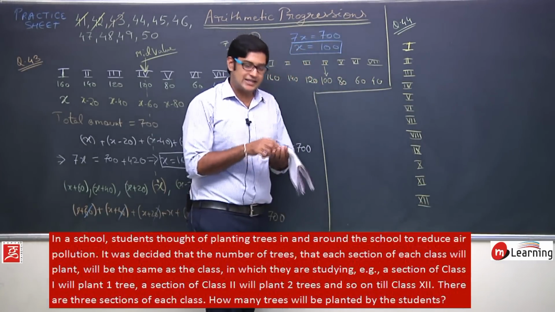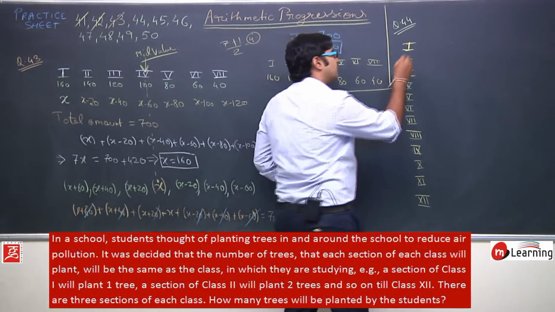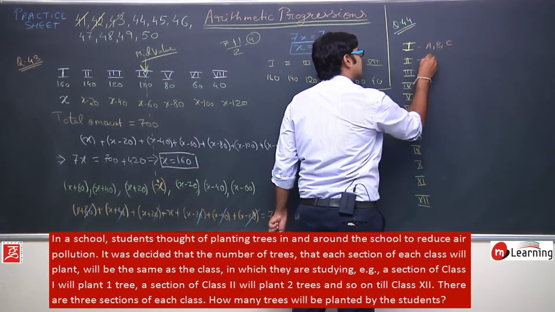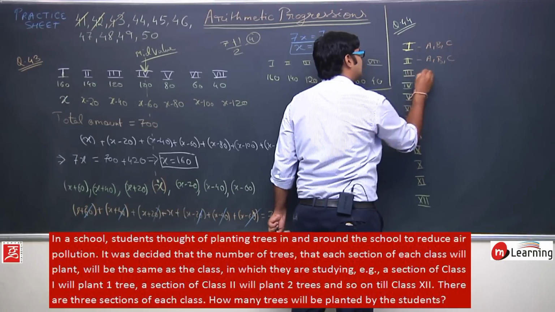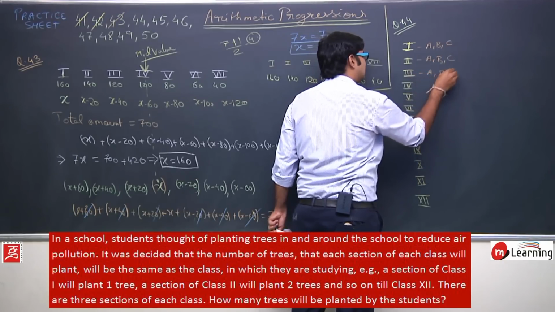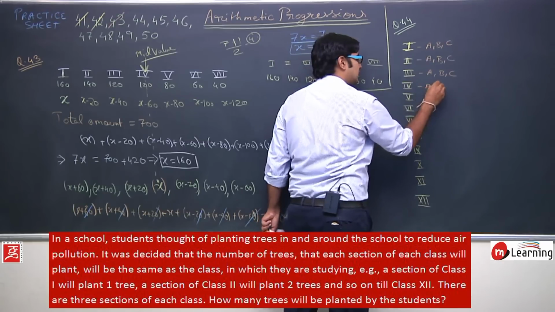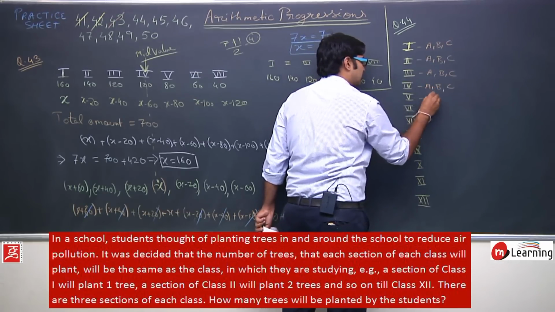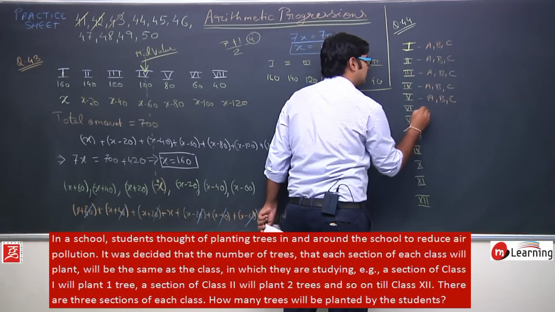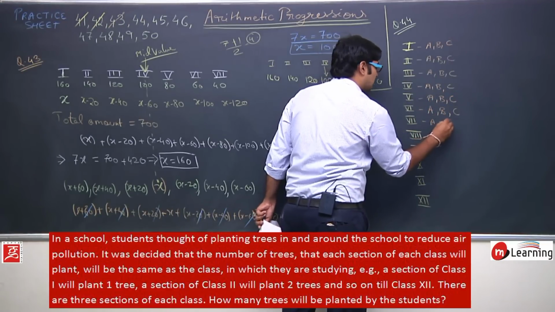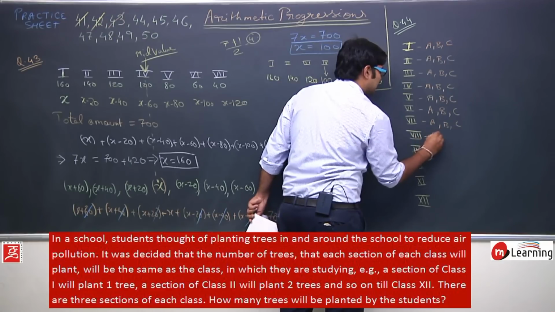Each class has 3 sections. It means, let us say the first class has 3 sections as A, B, C. Second class also has 3 sections as A, B, C. So third A, third B and third C. Similarly, fourth A, fourth B, fourth C. Fifth A, fifth B, fifth C. Sixth A, sixth B, sixth C, and so on for each class.